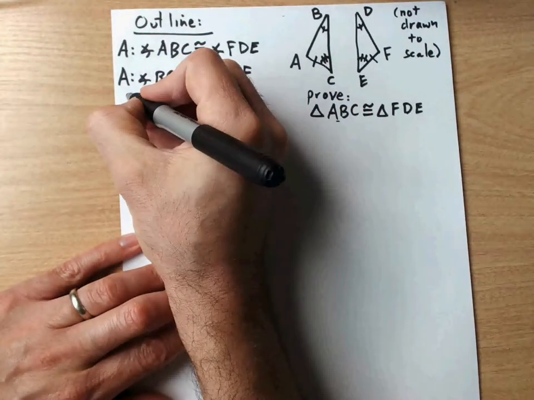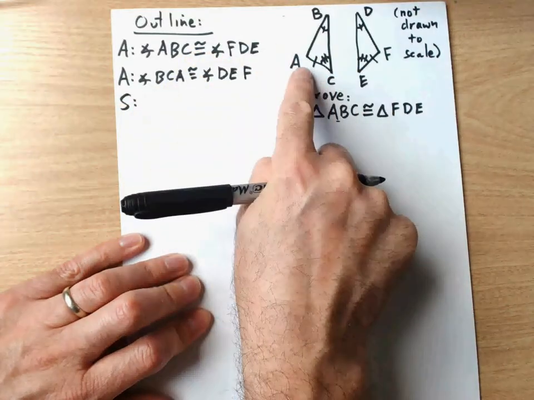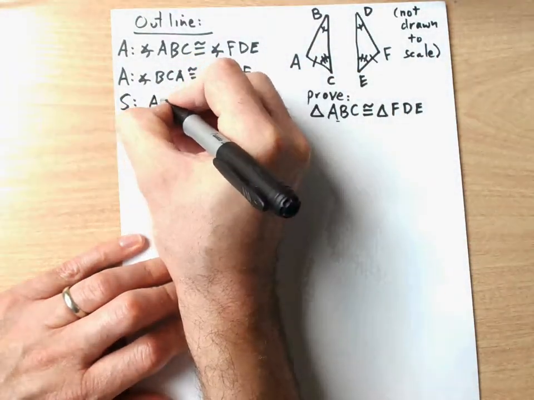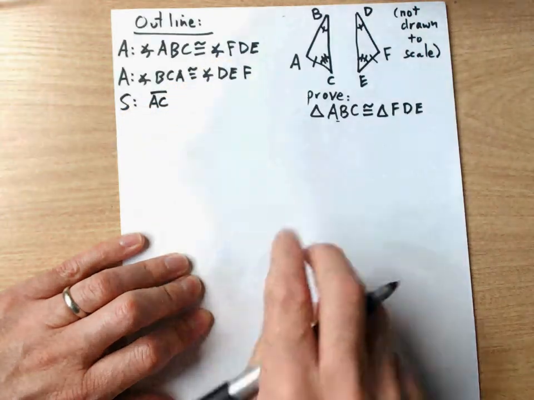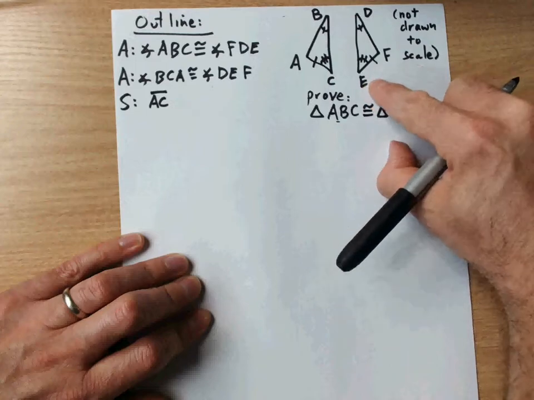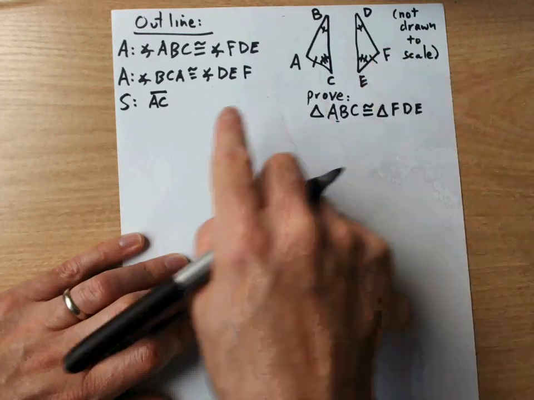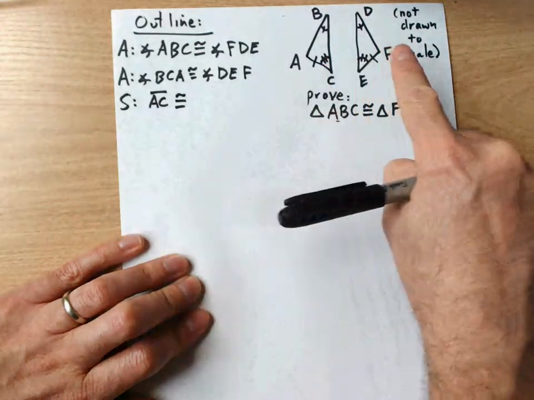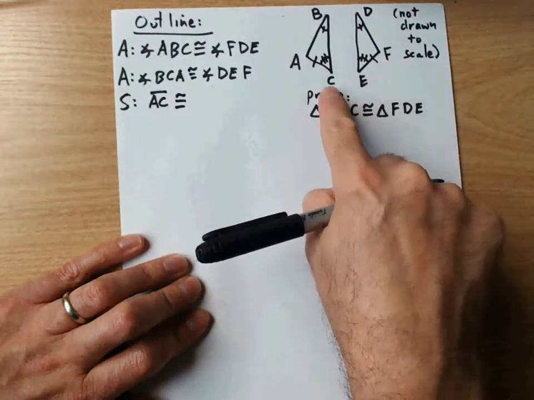Okay? What's the name of this side here? Yeah, that's segment AC. Okay? AC, and it corresponds with what over here? And be careful with your order here. What corresponds with A? F. What corresponds with C?